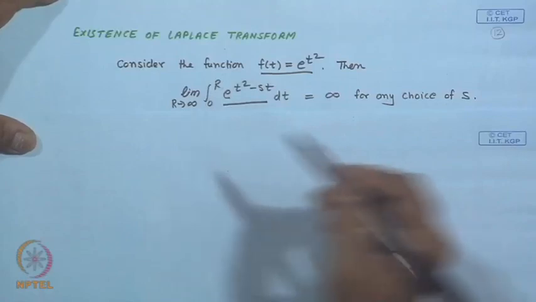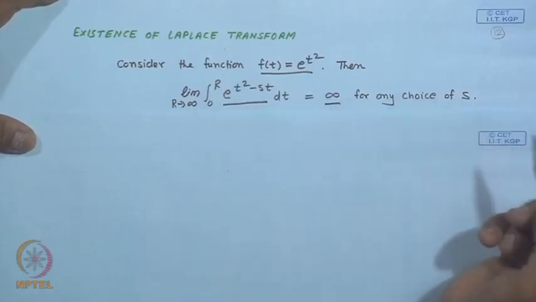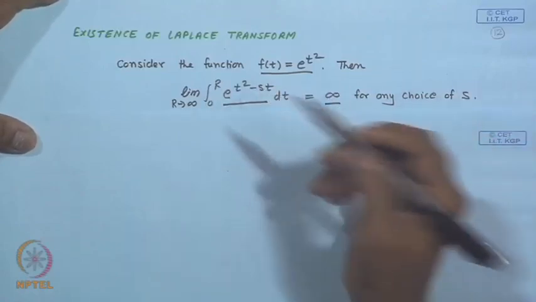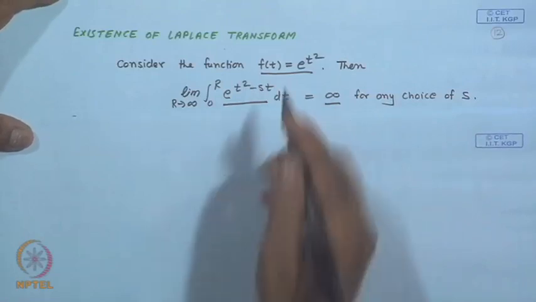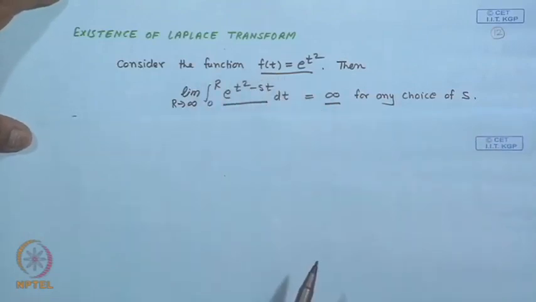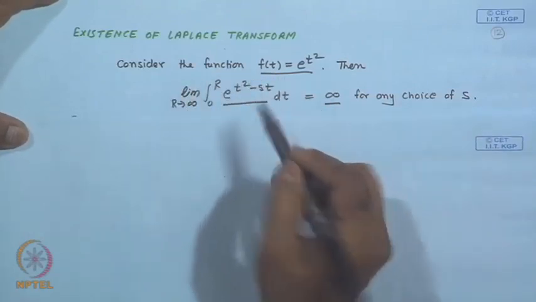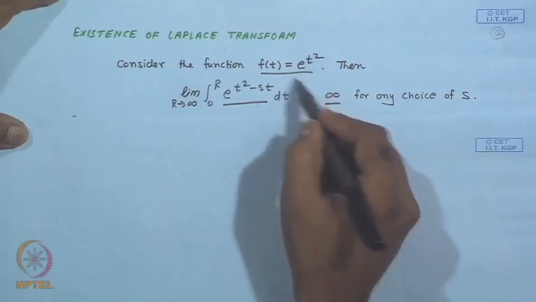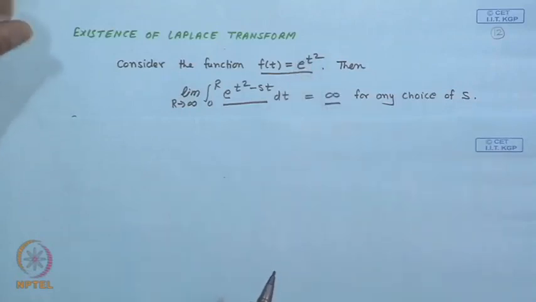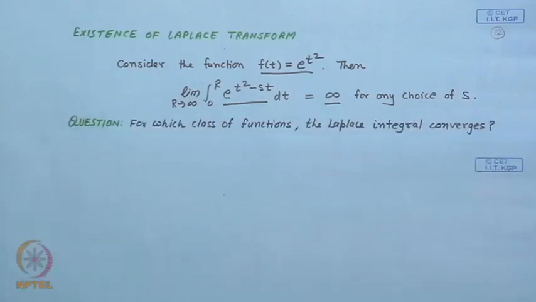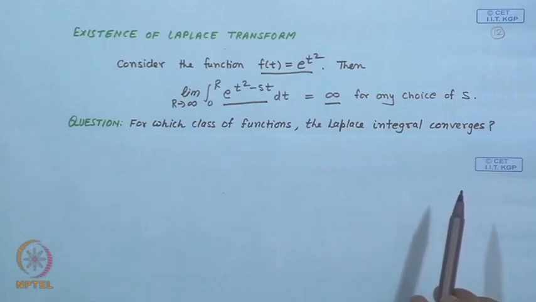So, the value of this integral is infinity. For any choice of s, whatever s we take here, this integral will be infinity. So, this integral is not convergent. So, the Laplace transform of e to the t squared does not exist. Then the question is: for which class of functions does the Laplace integral converge?